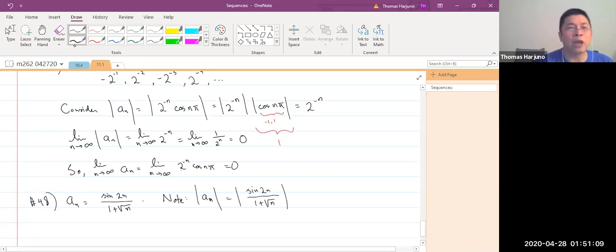But sine 2n may be positive, may be negative. The value is between -1 and 1, but once you put it in absolute value, it will be at most 1.